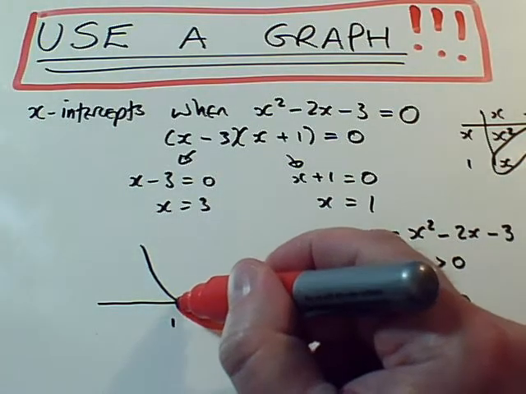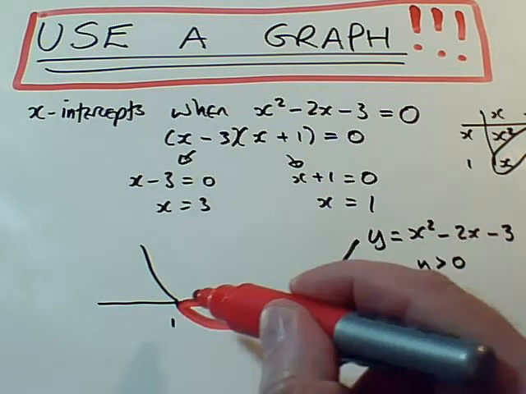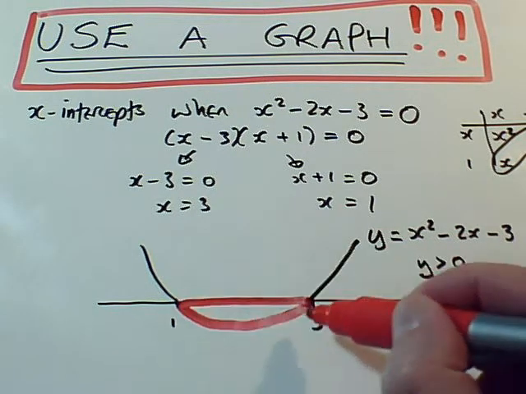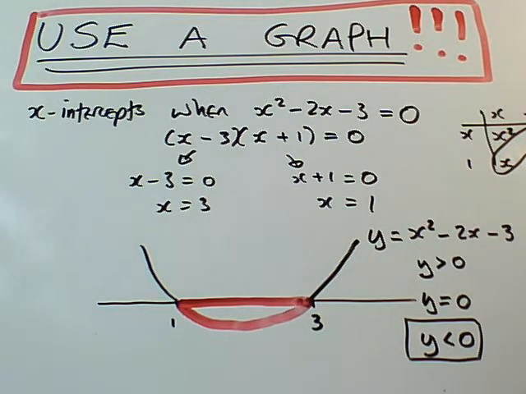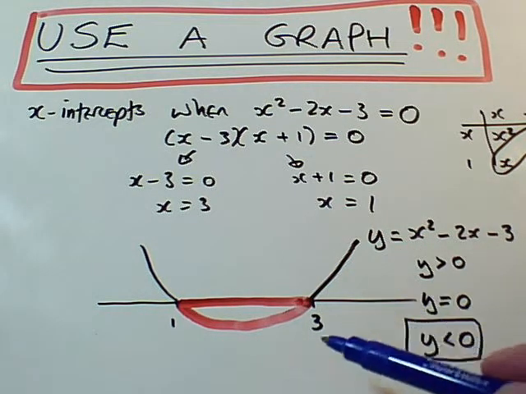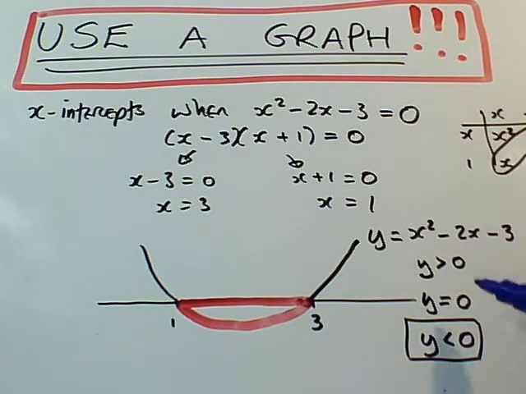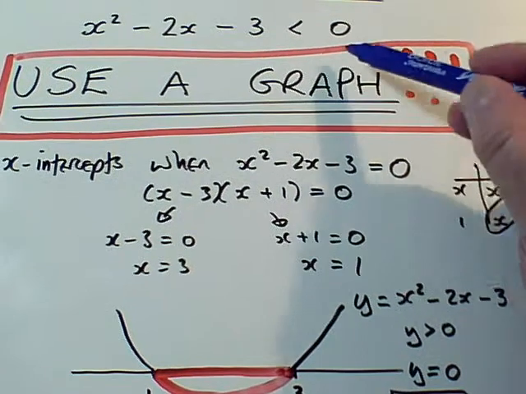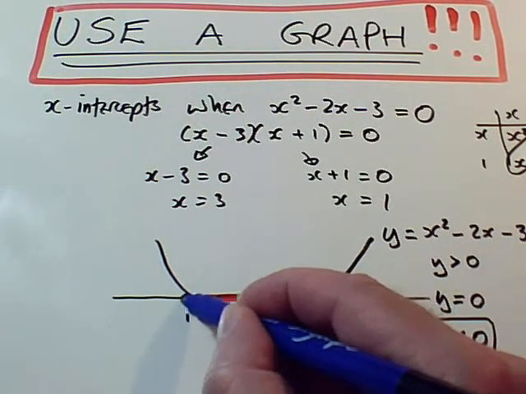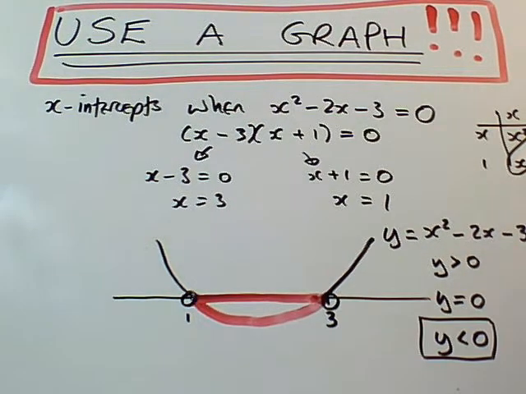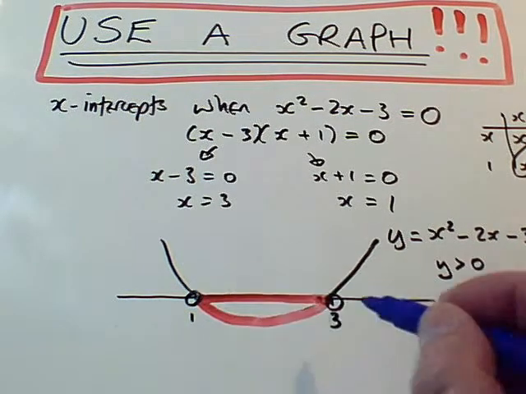I mean, you may want to actually just imagine the x-axis part that corresponds to this bit of the graph, and it's this part of the x-axis between minus 1 and 3. I have to think about whether minus 1 and 3 are included. Well, they're not. The inequality said that y had to be actually less than naught, so this value at 3 and this value at minus 1 are not included because it's on the x-axis then, so I can put empty circles there.